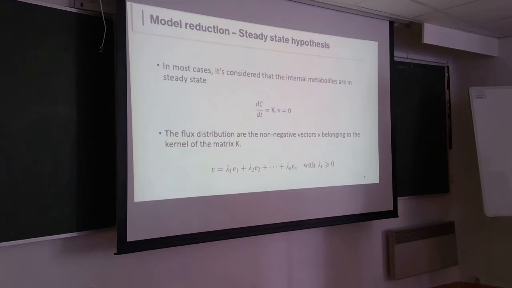Mathematically, this means that the flux distributions are non-negative vectors belonging to the kernel of the matrix K. So the vector of fluxes can be represented in this way. And by using this technique that we call elementary flux modes, we can reduce the metabolic model.